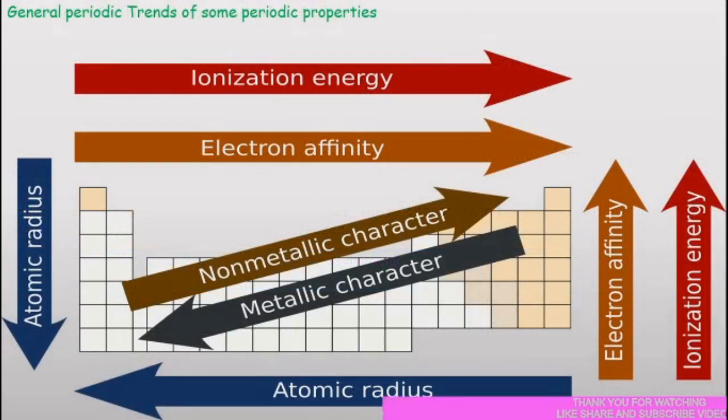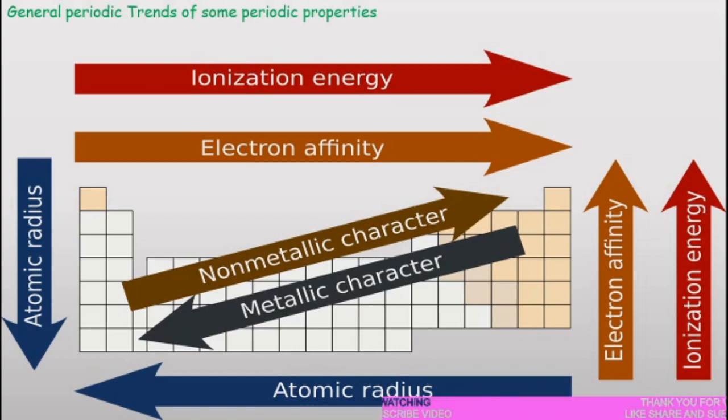Here are some general periodic trends of periodic properties: ionization energy increases from left to right, and electron affinity also increases from left to right. At the base, atomic radius increases from right to left, that is, atomic radius decreases from left to right.